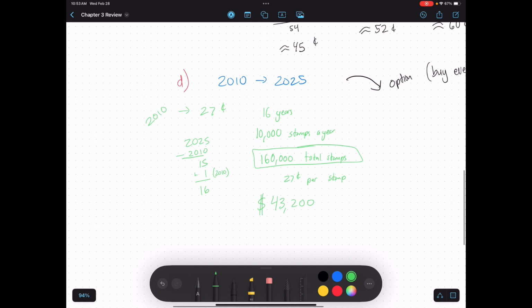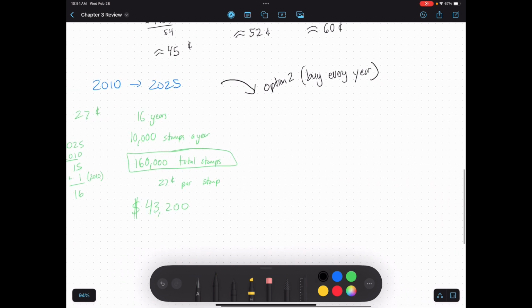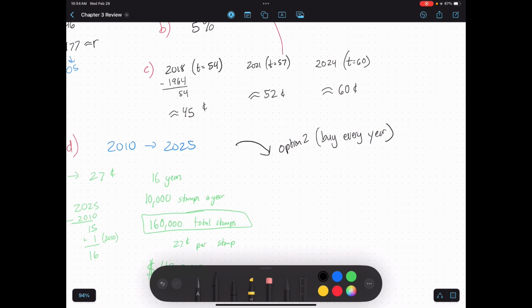The important thing to recognize is if you read the problem closely, it says assuming there is a postage increase in each of the years 2018, 2021, and 2024.